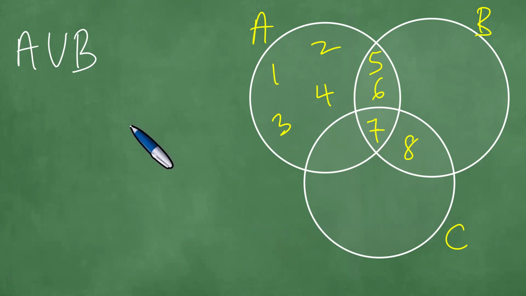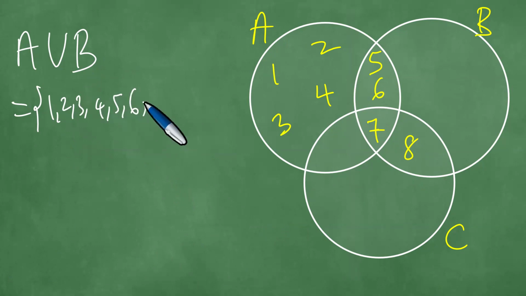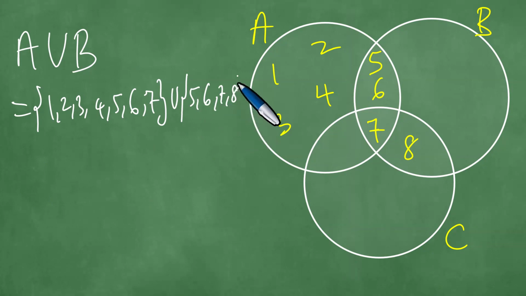A union B now has the elements in A or B or both sets. And now we need to just remember that A has the elements 1, 2, 3, 4, 5, 6, 7, union B with the elements 5, 6, 7, 8.